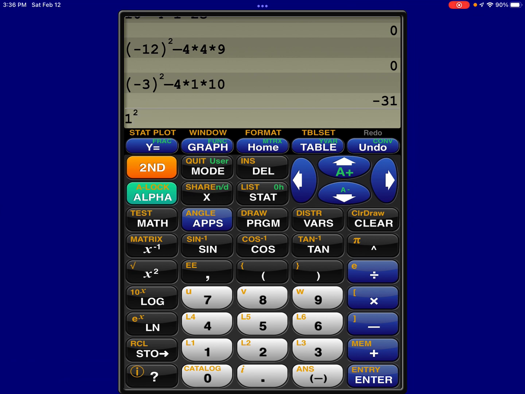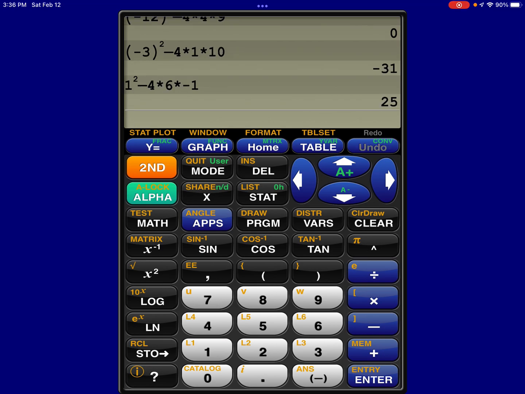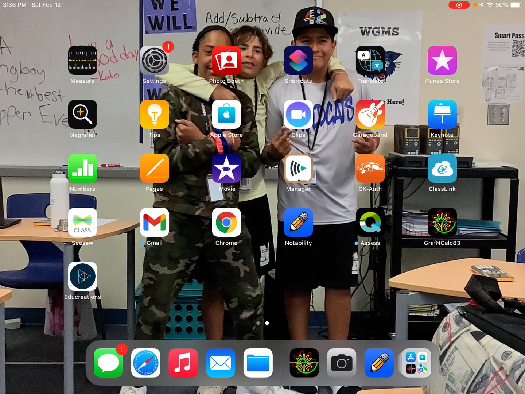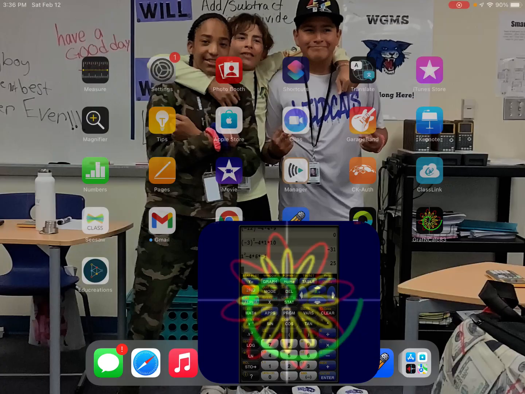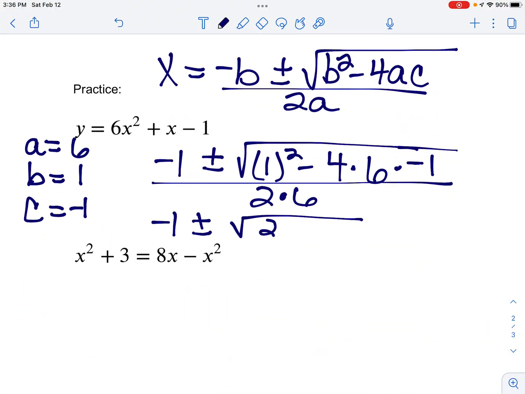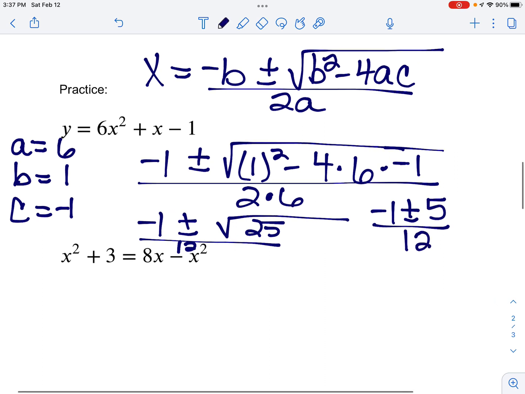So 1 squared minus 4 times 6 times negative 1, which is 25. So I know I'm going to have two real solutions. This is 25, and then it's going to be divided by 12, because 2 times 6 is 12. So then we have negative 1 plus or minus the square root of 25, we know is 5, and then divided by 12.